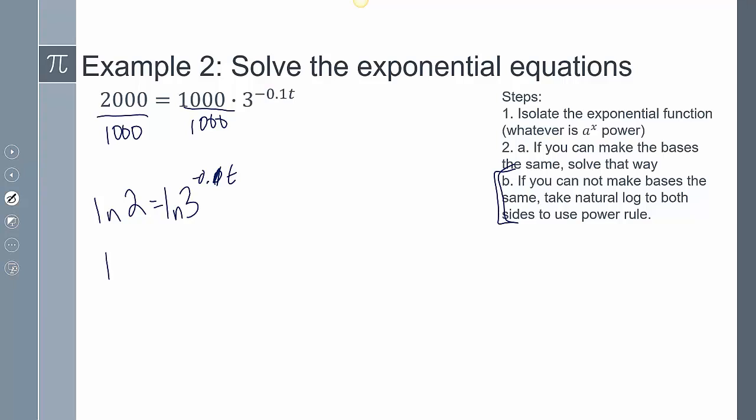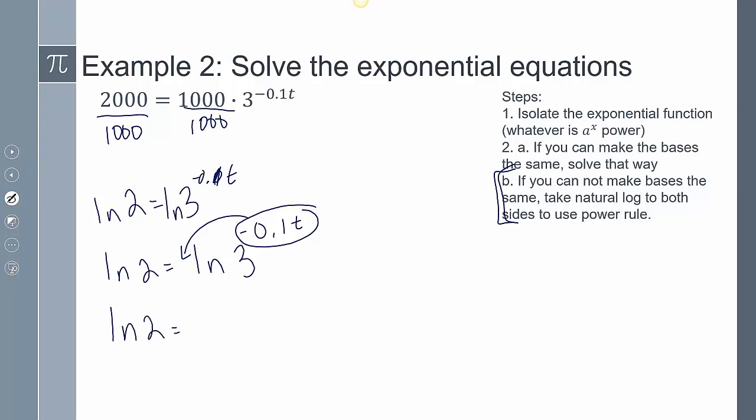And I get ln of 2 equals ln of 3 to the negative 0.1t. Now I can take this and move it to the front, and I can use the power rule to do that. And so I get ln of 2 equals negative 0.1t ln of 3.